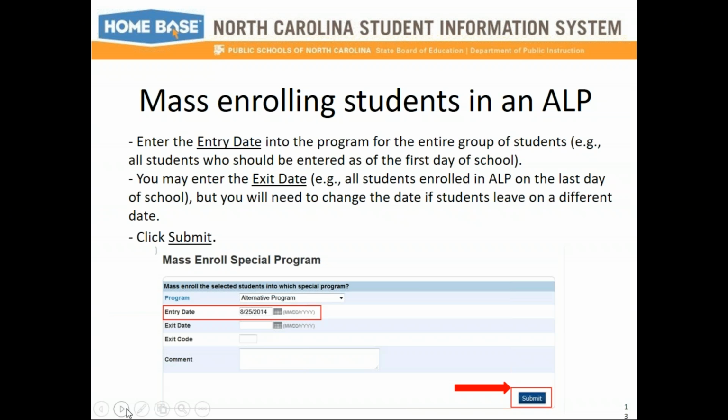But you're going to use that common entry date for all the students. You could put in an exit date, but if you did that, you would have to change the date if students leave on different dates. So you may or may not decide to use that. Then you're going to click on Submit.